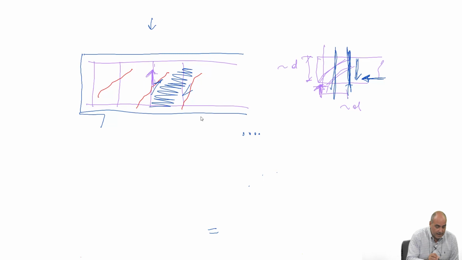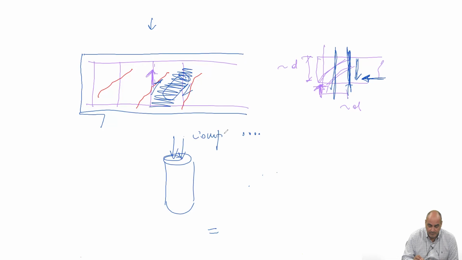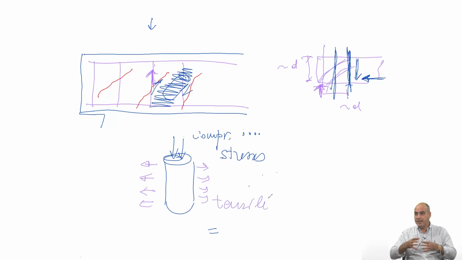So it's like if you single out an element, imagine that you try to single out an element of concrete from here. This element of concrete is experiencing some compressive stresses, but is also experiencing in some way some tensile stresses in the transverse direction. These are transmitted by the stirrups and other mechanisms.